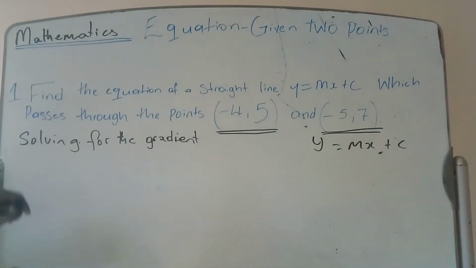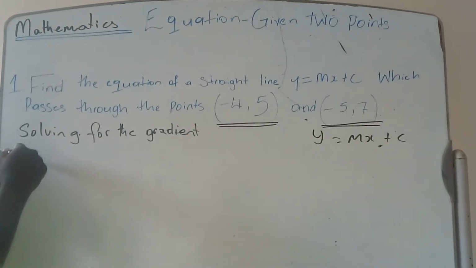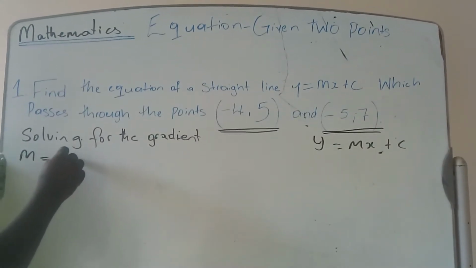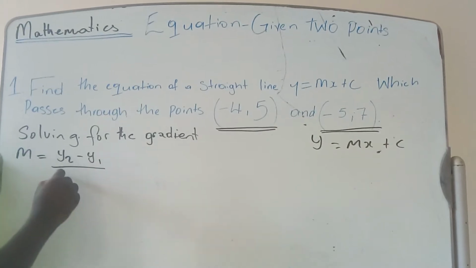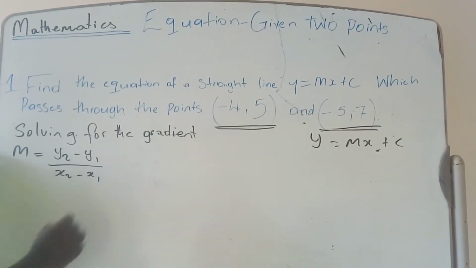Now, solving for the gradient, there is a simple formula that we can use, and the formula is m, which means the gradient, is equal to y2 minus y1 all over x2 minus x1.